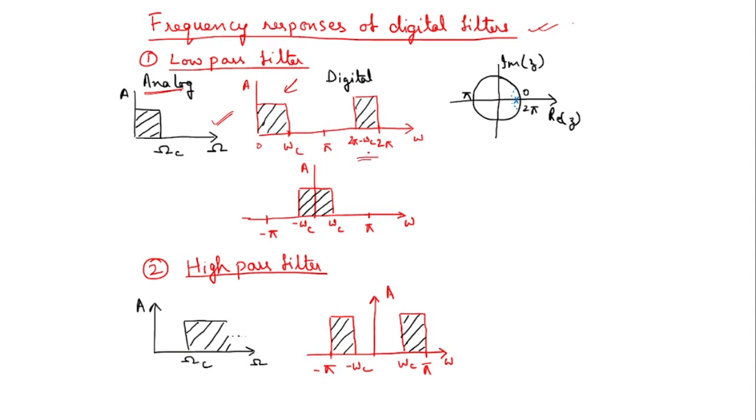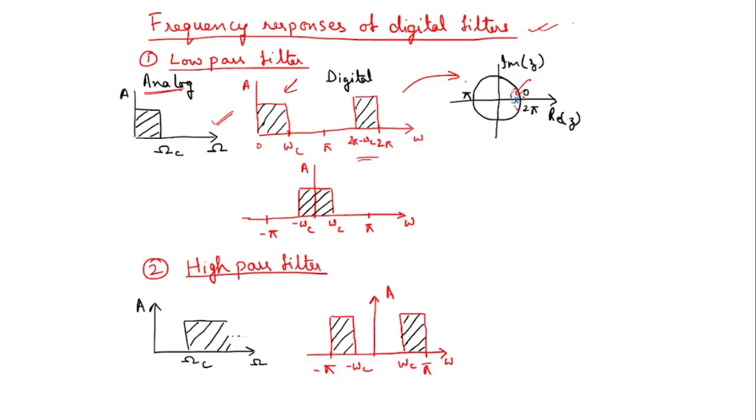So you can just verify it from the z plane. Okay, so if you see, when designing the low pass filter, we need to place the pole near to the DC frequency. Suppose this is the region of activity of this pole.